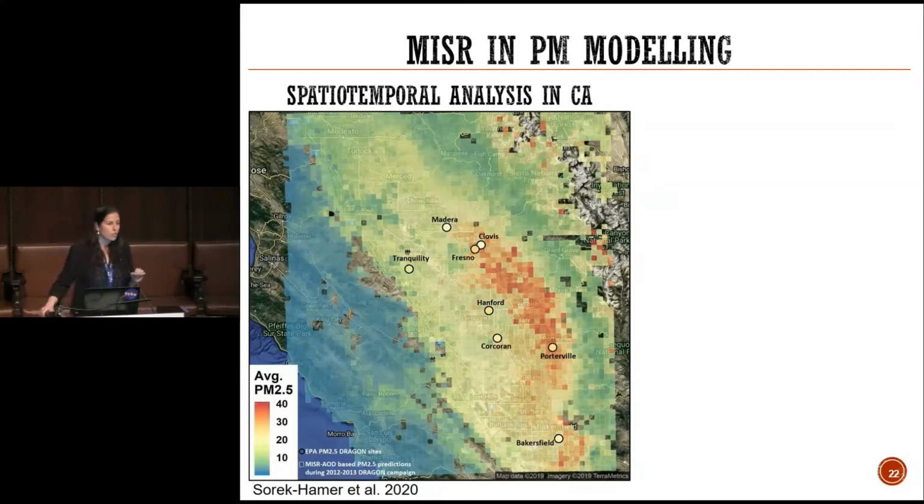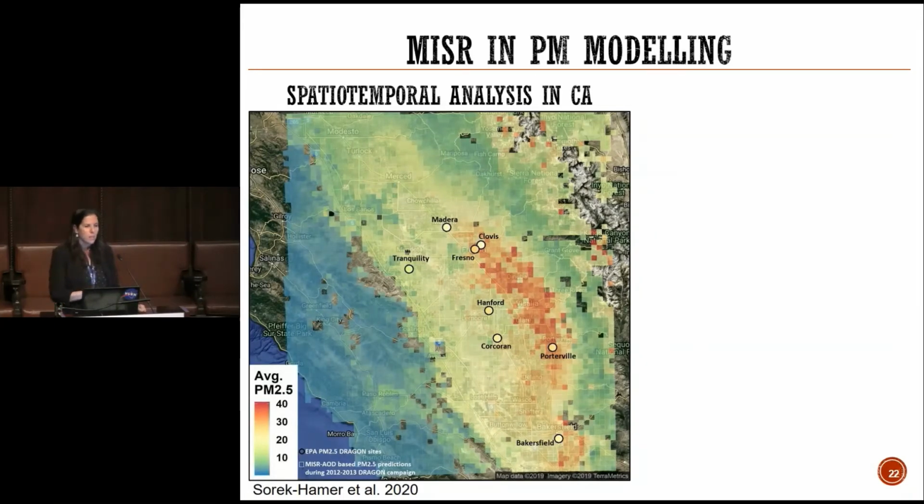What we tried to do is to see if we can calibrate models based on ground-based AOD to predict PM, and then apply these models to satellite data. This was in preparation for a future mission that I'll talk about in a second. This is the Central Valley of California, one of the most polluted areas in California.